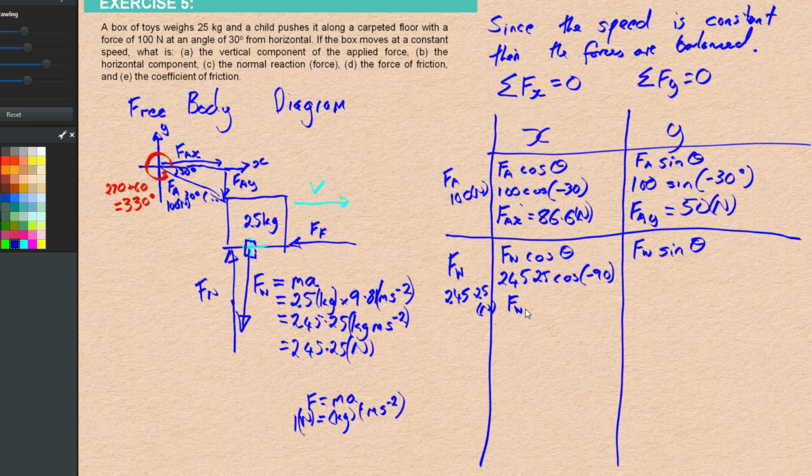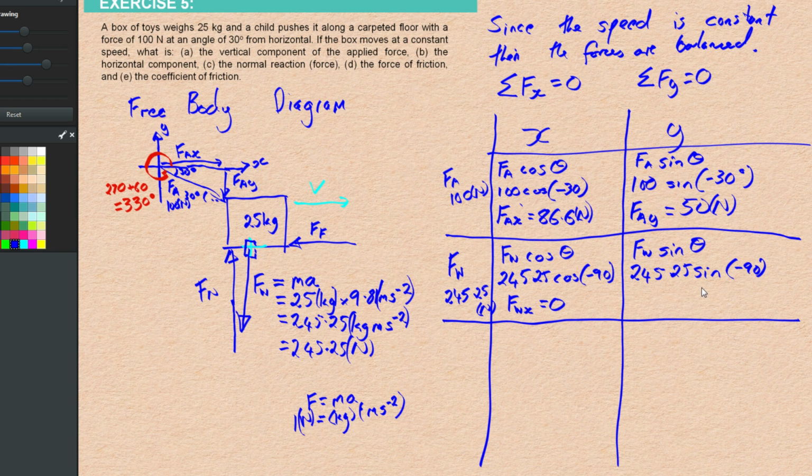The weight force in the x direction is 0. And that makes sense because it's entirely in the y direction. So we should find that we've got 245.25 sine of minus 90, and sine of minus 90 should be minus 1.